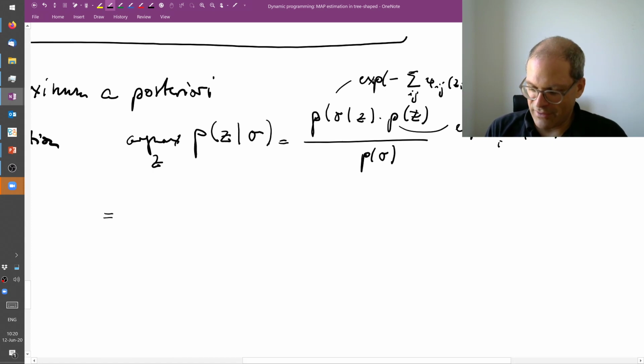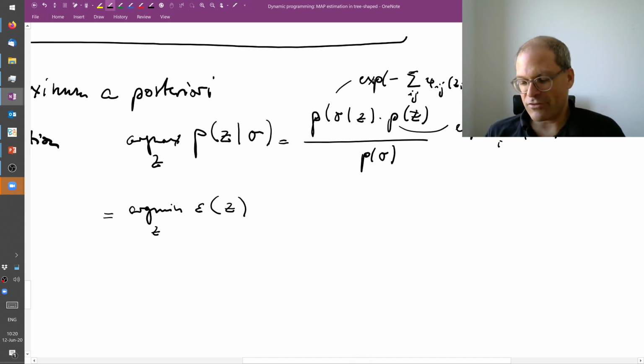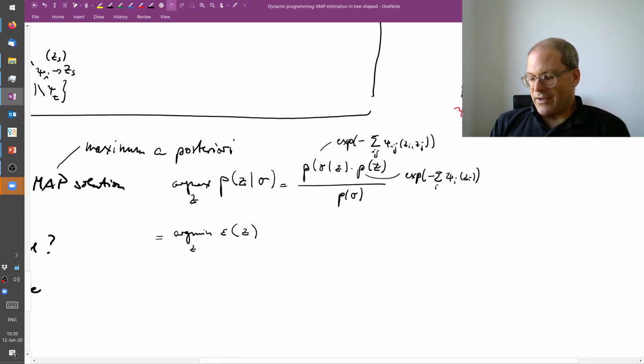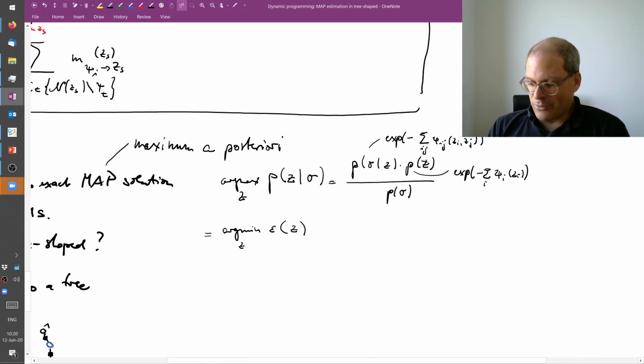So we can say that the argmax of this is going to be the same as the argmin of the kind of energy that we've written before, of Z conditioned on O, except that previously I did not condition explicitly on O. I just wrote energy depending on Z. All right, and this solution here, this argmin, let me call it Z star or Z optimal or whatever you want.